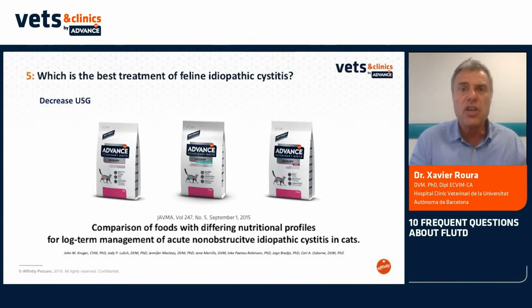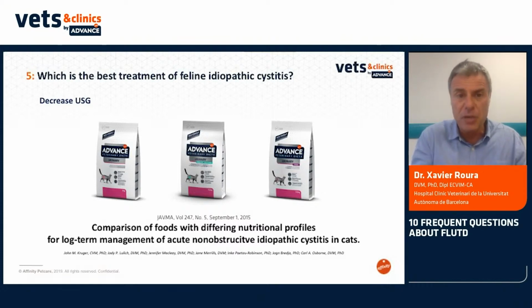For one side, changing the composition of this urine, so decreasing the irritation of this urine to these neurons, and also producing a decrease of the urinary specific gravity. Our objective is to decrease this urinary specific gravity in order to decrease the anxiety, but also decrease the potential association of new clinical signs.